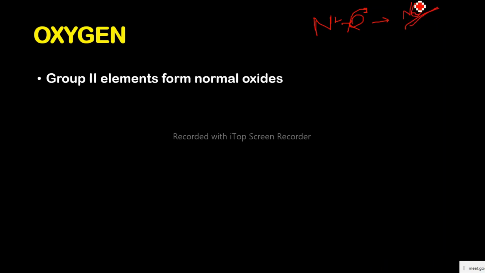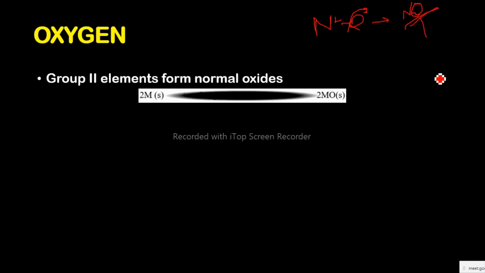If you dissolve this oxide in water, you form a basic solution. Now those are with group 2. So that is generally an equation, our M reacting with oxygen as a gas to form our metal oxide.